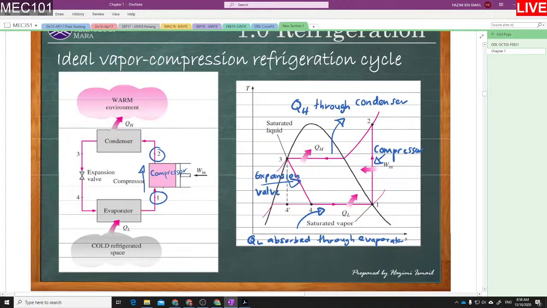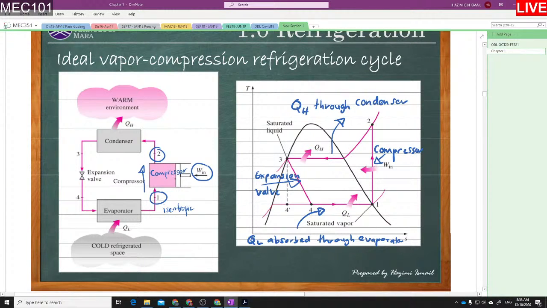Okay, from state 1 to state 2, we have a mechanical device here. We have the compressor. So the compressor needs energy. We call it work in. So from state 1 to state 2, we have an isentropic process.